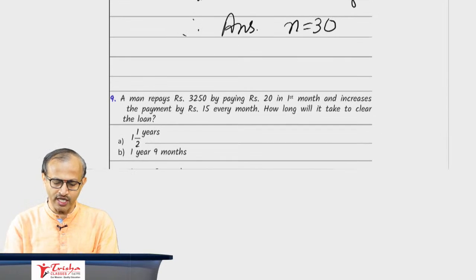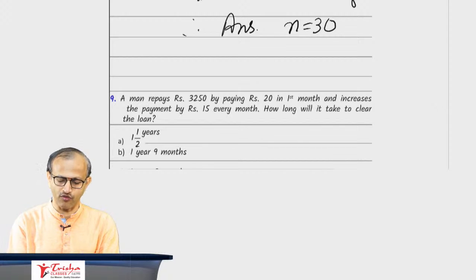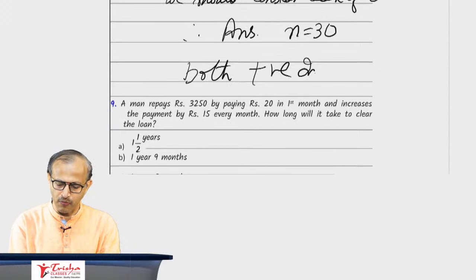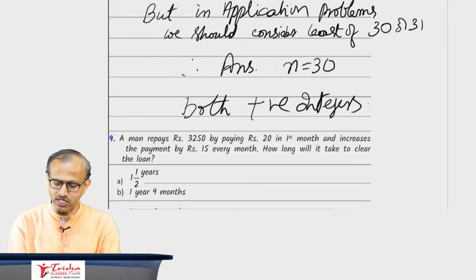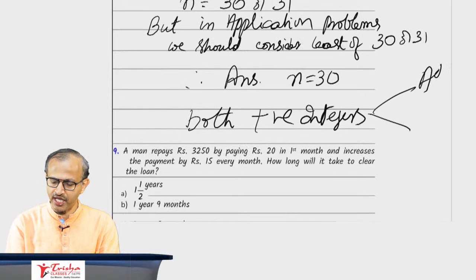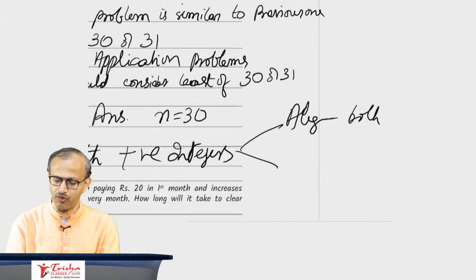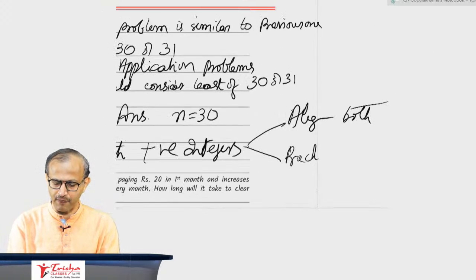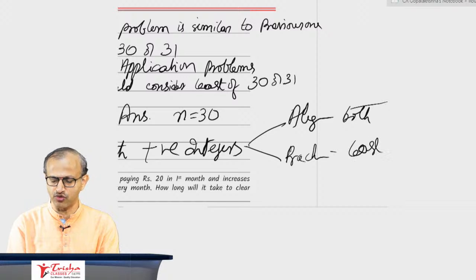So finally, when you get both positive integers, what is the conclusion? For algebraic problems, both are the answer. For application or practical problems, the least of those two is the answer.